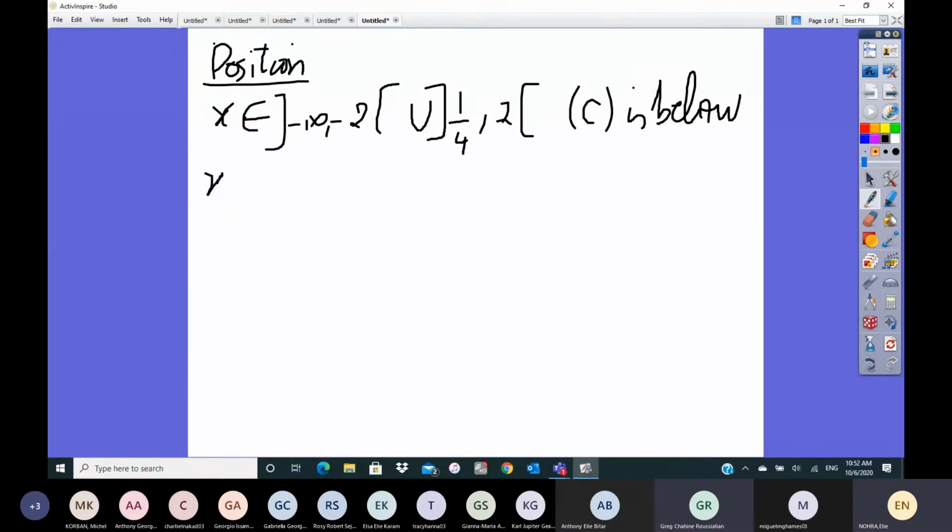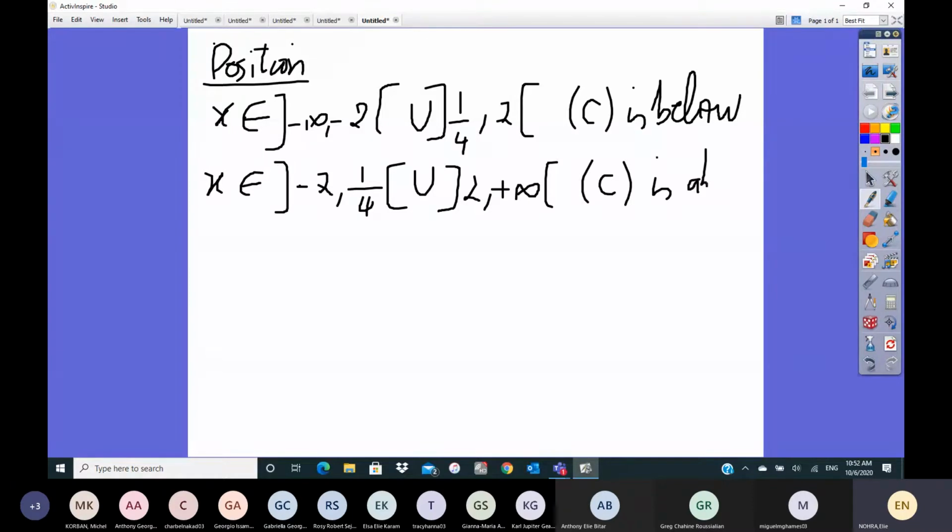If x belongs to minus 2, 1/4, reunion 2, plus infinity, C is above.